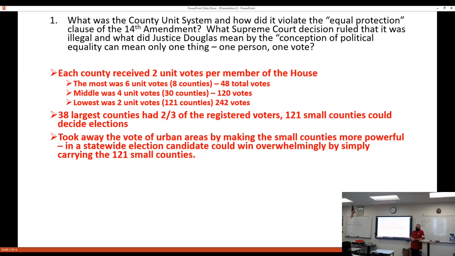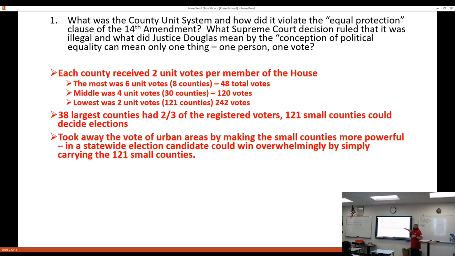Come on, folks. Who do white Georgians not want to vote? Where do they live for the most part? In the urban areas. White Republicans are going to be found in the urban areas, the few that are in Georgia.